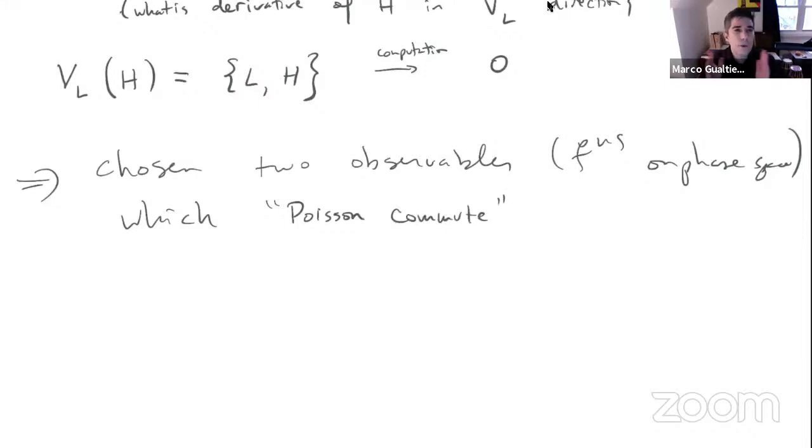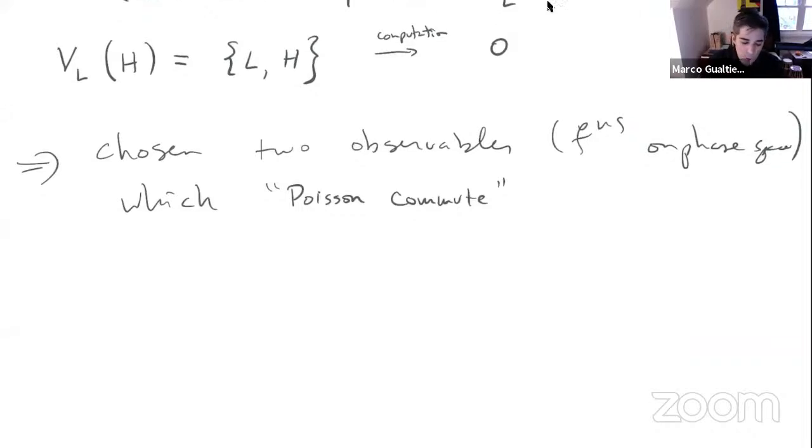Okay, so that means that their Poisson bracket is 0. One of these, H, is special, it determines the future motion, it is the Hamiltonian.